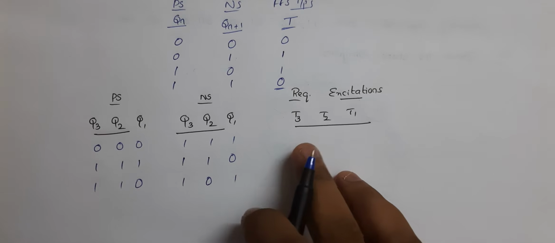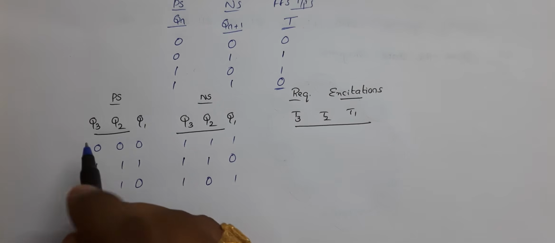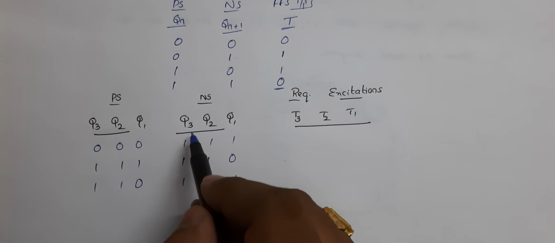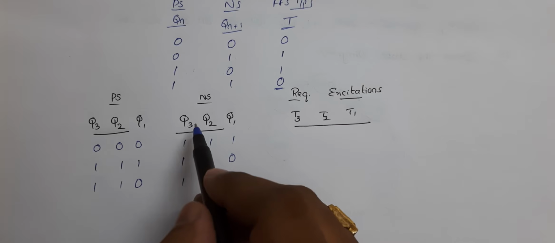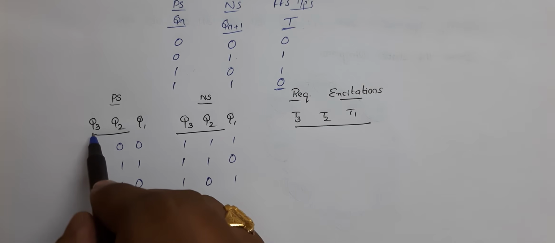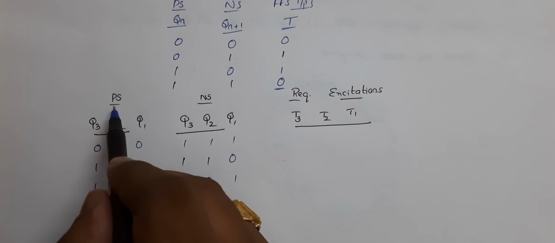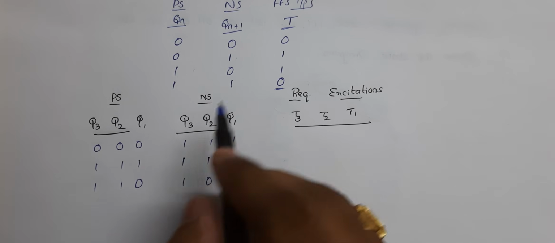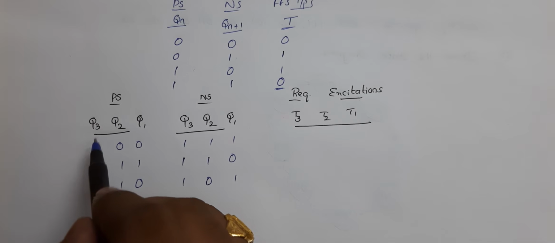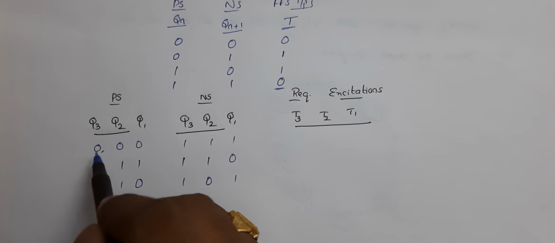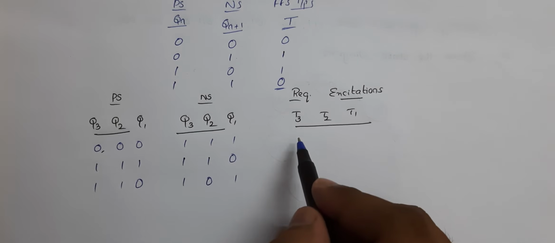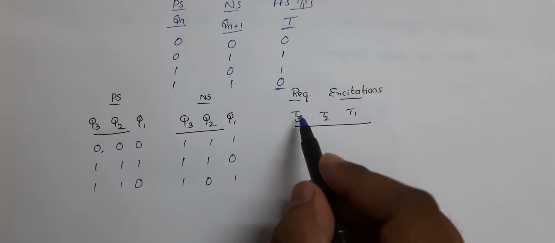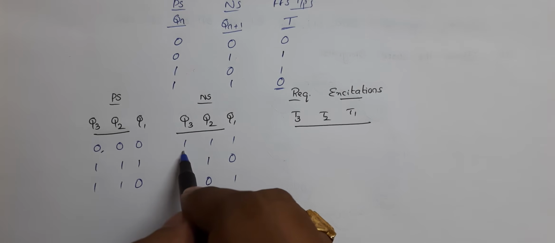And how can we fill T3, T2, T1? By comparing present state output and next state outputs. For Q3, just compare the Q3 output at present state and the Q3 output at next state. The present state output at Q3 is 0, and after applying the inputs, the next state output is 1, 0, 1.